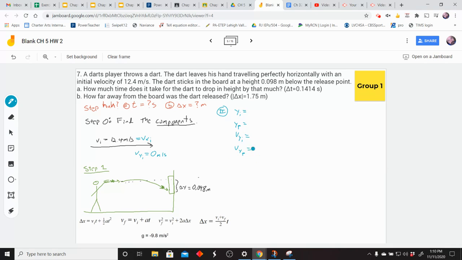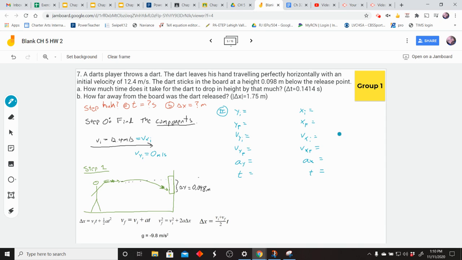Remember, there's 4 different v's in this problem, so use all the subscripts you need to keep everything straight. There are 2 different a's. So I'm going to call this a sub y and t. And then on the x side, we have x initial, x final, vx initial, vx final, a sub x, and t.